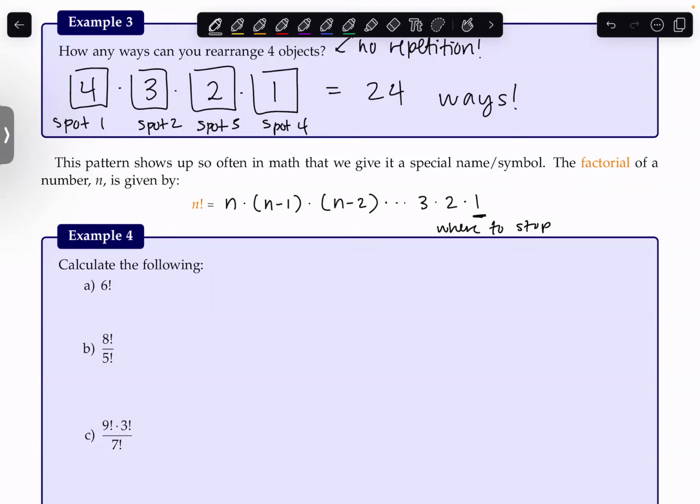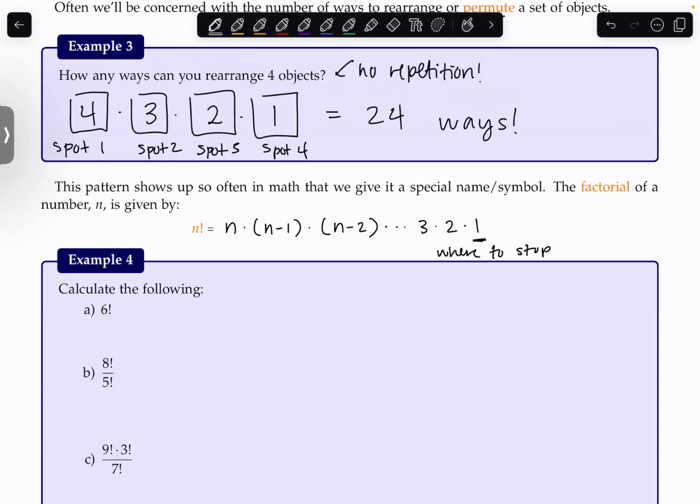Okay, so here for my 6 factorial, 6 is my n. So what I want to do is multiply 6 by 6 minus 1, which is 5, times 6 minus 2, which is 4, all the way down until I get 3 times 2 times 1. Really all the way down until I get to 1 here.